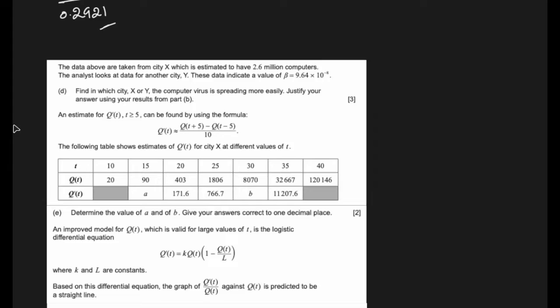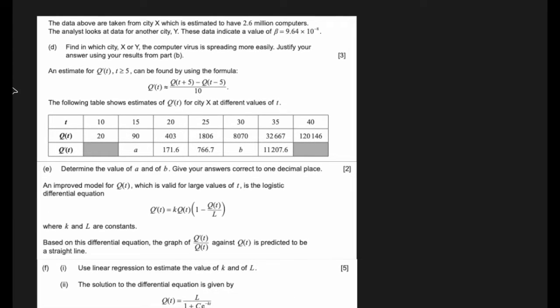Okay, the data above are taken from city X, which is estimated to have 2.6 million computers. So this is for part D. N of X city is 2.6 times 10 to the power 6, that is millions of computers. The analyst looks at the data from another city Y, and beta for Y is 9.64 times 10 to the power minus 8.